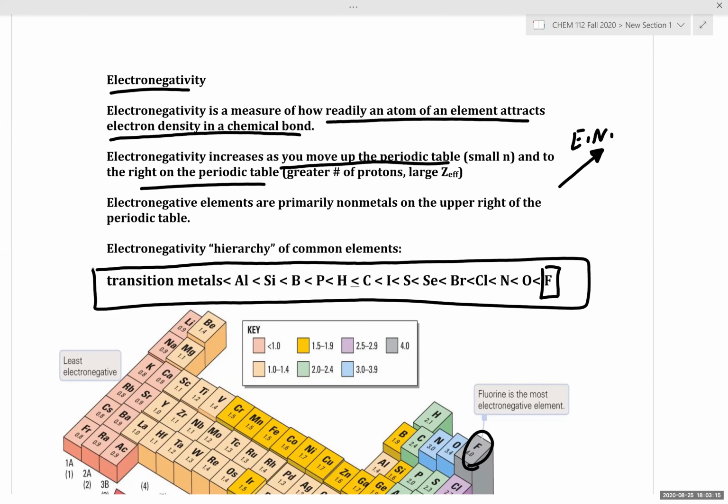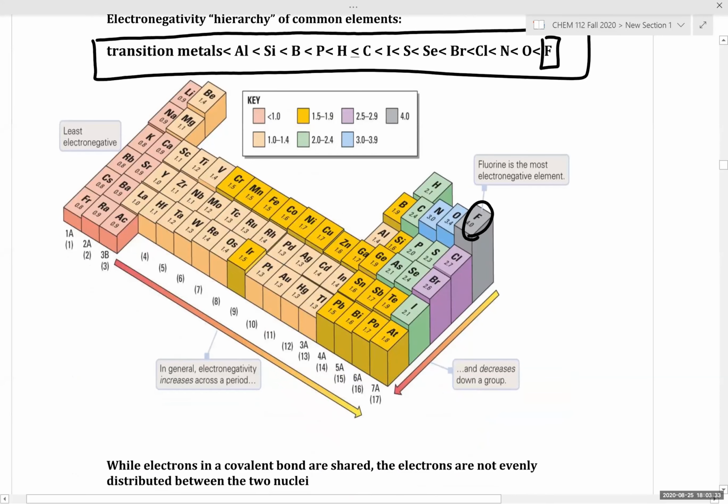This is important because the distribution of electrons in a chemical bond and the electronegativity of atoms in a chemical bond directly impacts how different reagents and organic structures react. Okay.